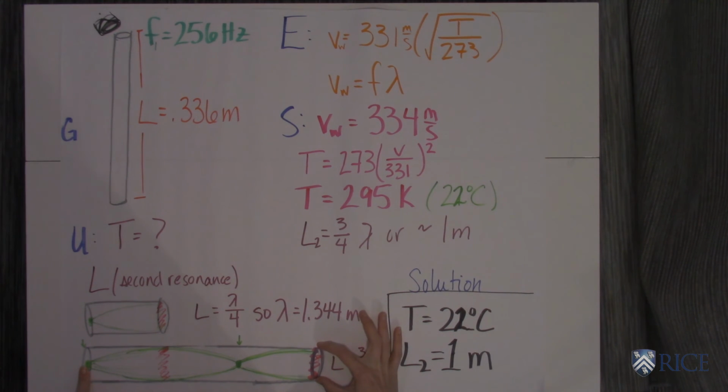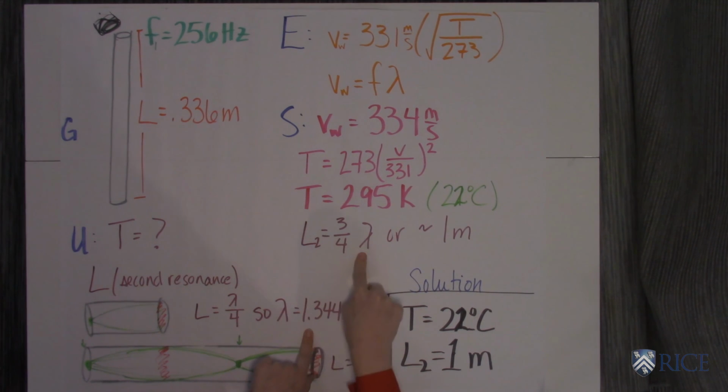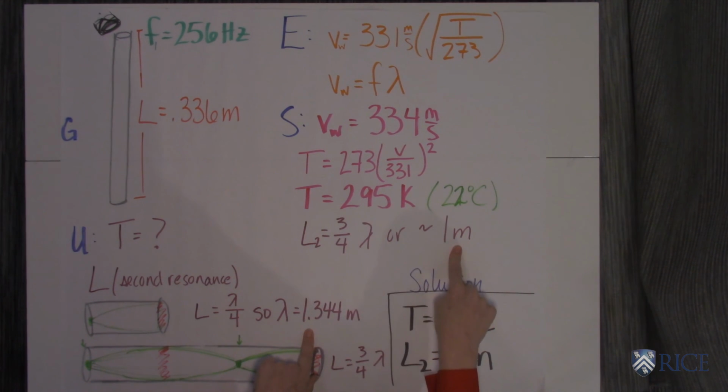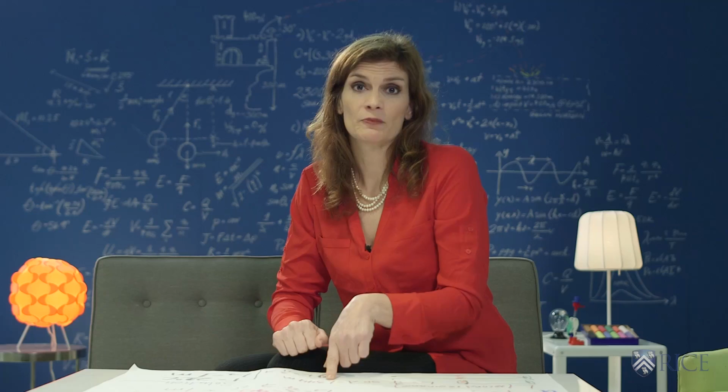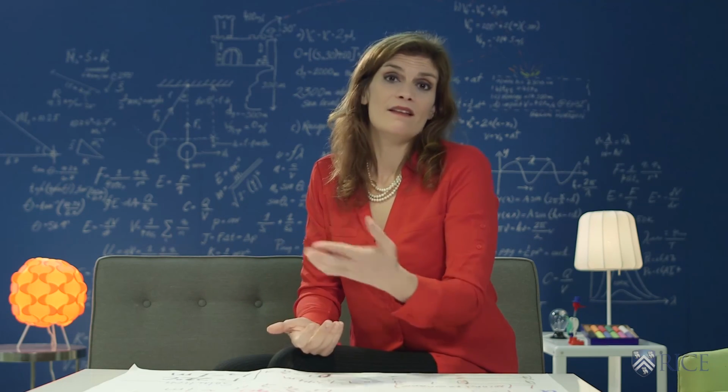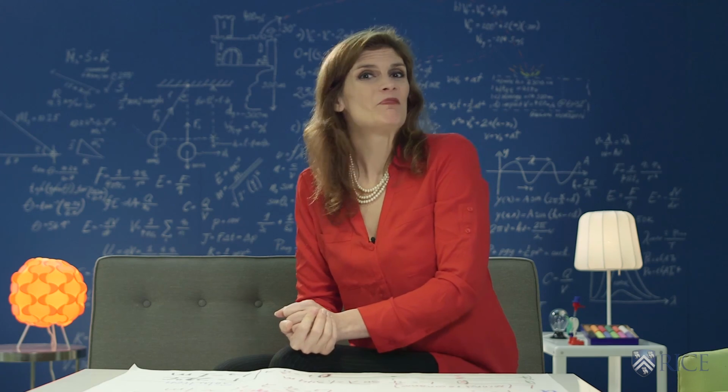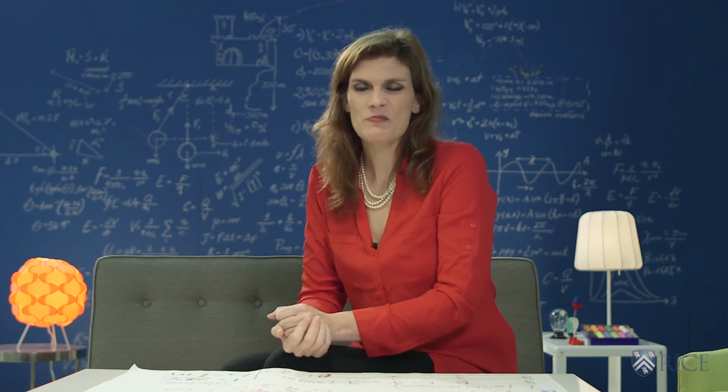That's not a full wavelength. It's 3/4 of a wavelength. So you know that the second resonance will happen at 3/4 of a wavelength. Since you already know what your wavelength is, you just plug that number in here, and you get that it's about 1 meter.